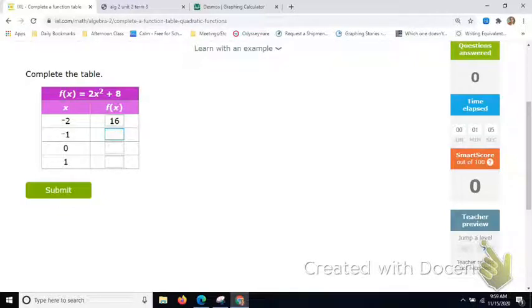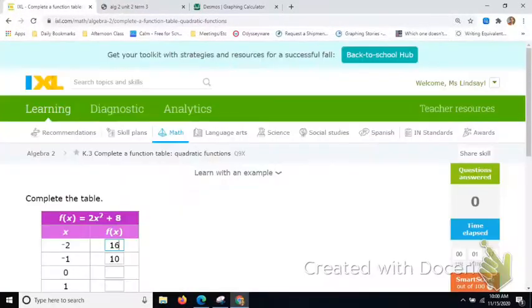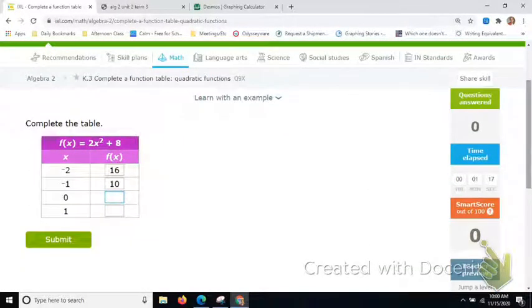Then negative 1 squared is 1, 2 times 1 is 2, 2 plus 8 is 10. 0 squared is 0, plus 8 is 8. 1 squared is 1, 2 times 1, so I'm plugging it in, and that would be 10. It's going to be common that you're going to see these two things have the same number because of the symmetry if we would graph this.